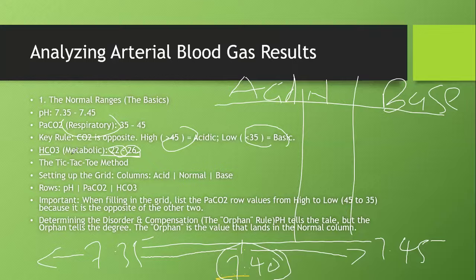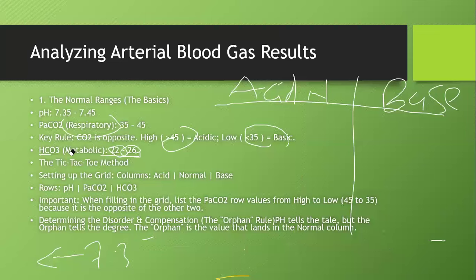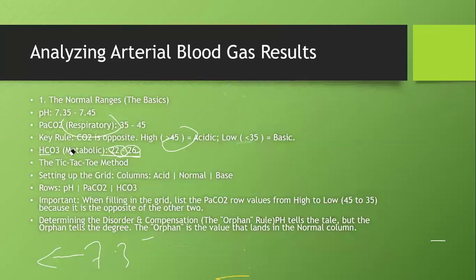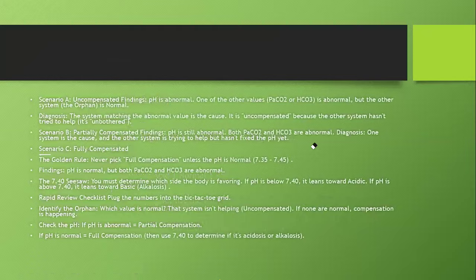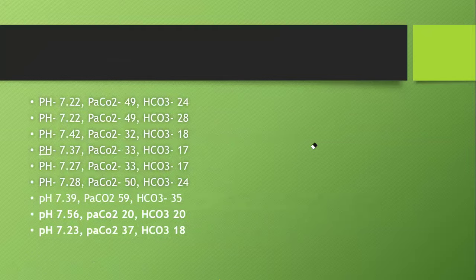I've talked a lot. Let's use the tic-tac-toe method to take an example. For now, we are looking at uncompensated. The system is not doing anything to try to regulate what is happening. Let's use the first example.